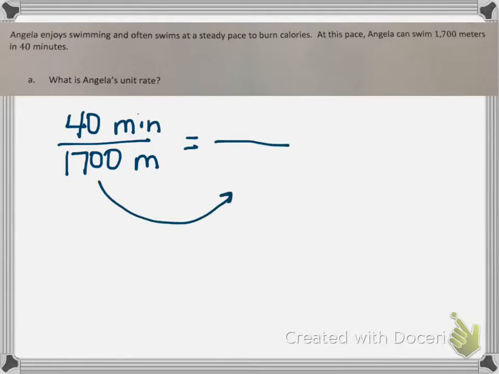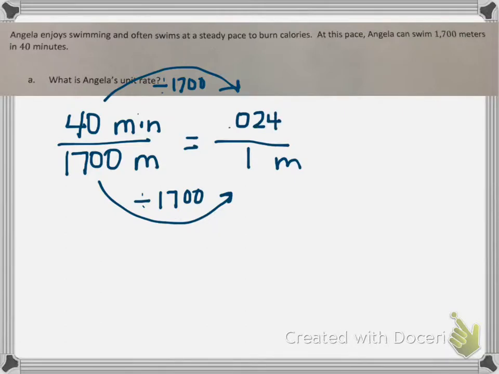So I need to change this 1,700 into 1 meter. So I would have to divide by 1,700. And then if I divide by 1,700 on the bottom, I have to divide by 1,700 on the top. And 40 divided by 1,700 will be 0.024 minutes.